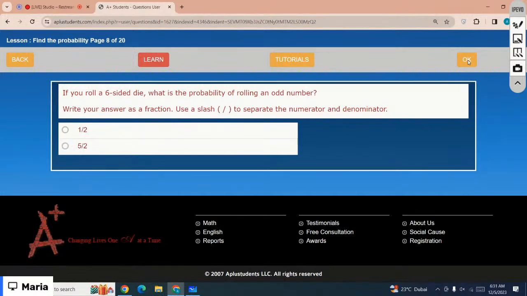If you roll a six-sided die, what is the probability of rolling an odd number? Which is the correct option?